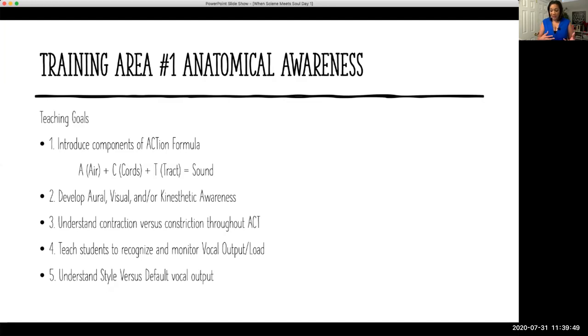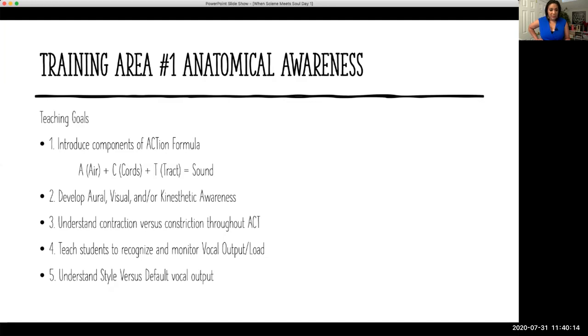We want to understand contraction versus constriction throughout these 3 components. Contraction versus constriction of the support mechanism, the air support. I'm sure you all, for those that have taught for a long time, have seen people stuck in their breath. They're just so rigid, trying to get that full breath.